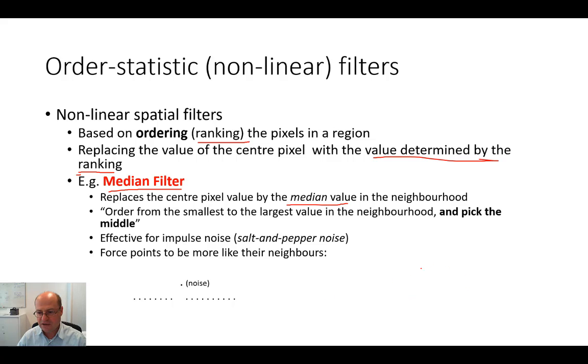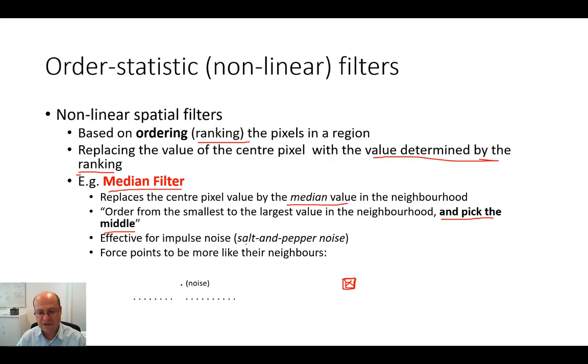What you do is get the pixels in your neighborhood in the image, order them from the smallest to the largest, and pick the middle one. Then you substitute the pixel at the middle of your window with this middle value, or the median.